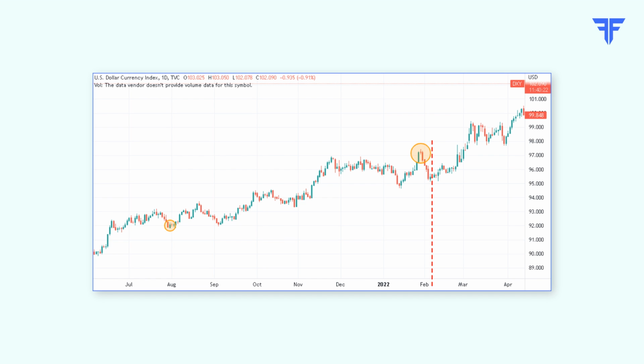And in the month of Feb, a slight selling pressure was witnessed and it formed a bearish pattern. Thereafter, it corrected and took support near the 95 levels. After taking support, it continued its upside journey. So, in this, you can see that the long-term trend continues its upside journey.